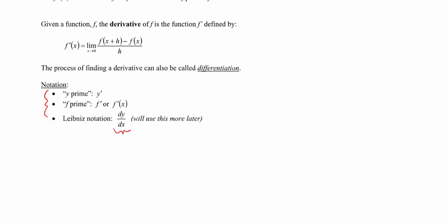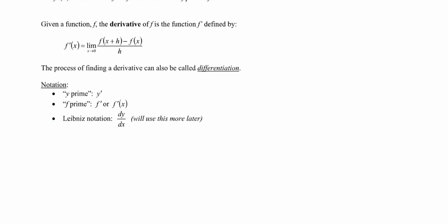And then this one will be kind of new, and this is the Leibniz notation. If you remember from the beginning class, we talked about how Newton and Leibniz created calculus at the same time, almost by chance, right? This was more of his notation. And to tell you the truth, this is a really common notation, especially when we start doing what's called implicit differentiation a little bit later.